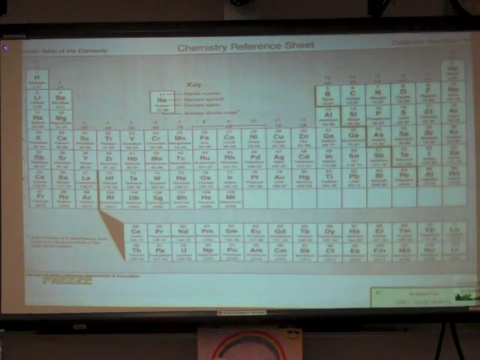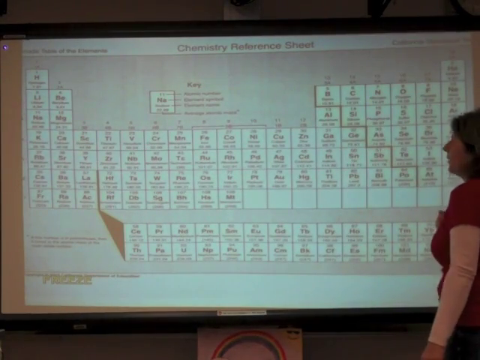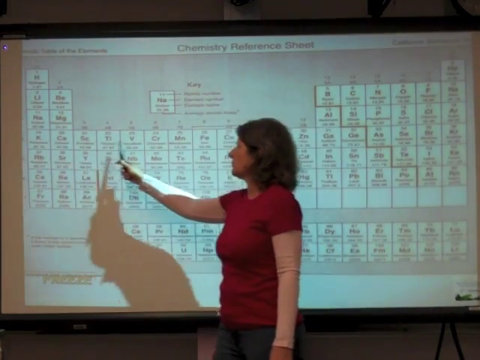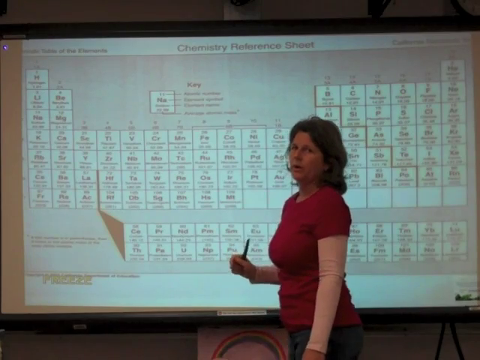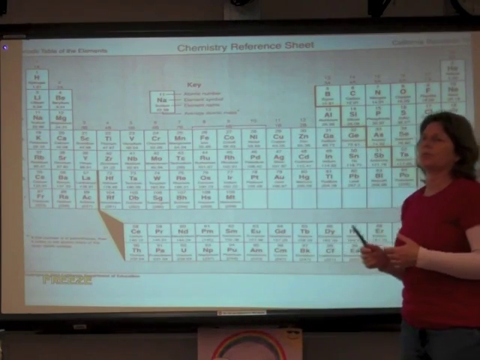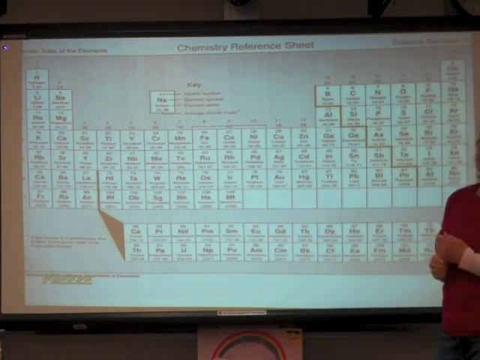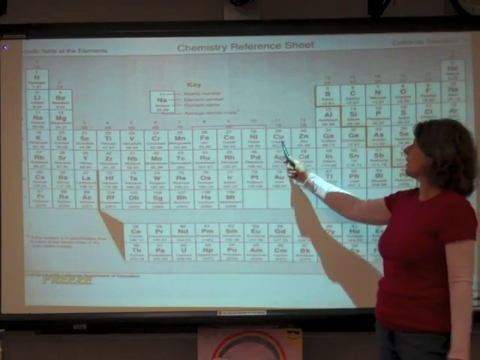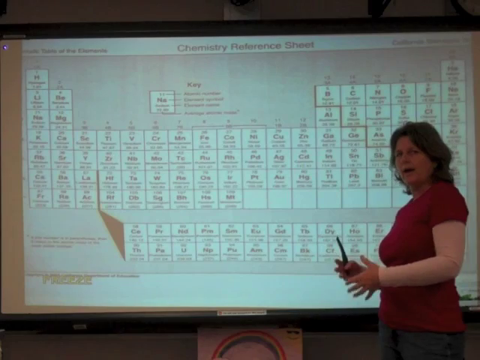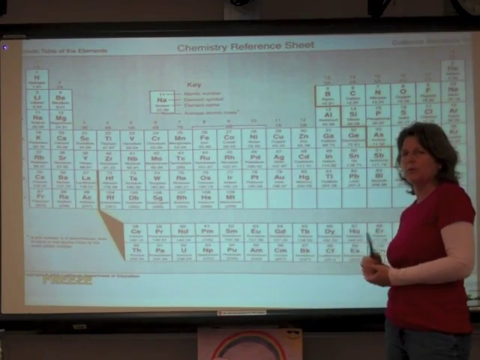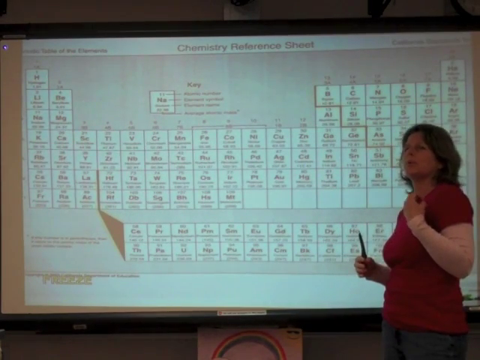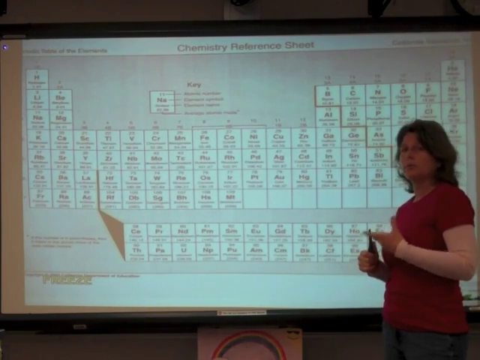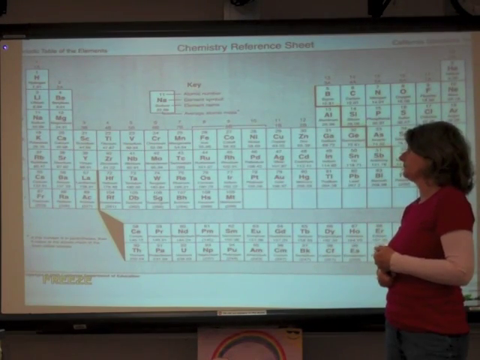So what we've got to keep in mind here, and what we know, is as we move across a period, we are getting ever-increasing numbers of protons and electrons. As we move to the right, the number of protons is increasing by 1, and the number of electrons is increasing by 1.